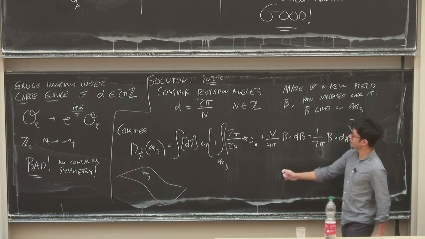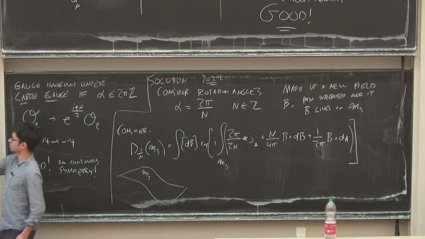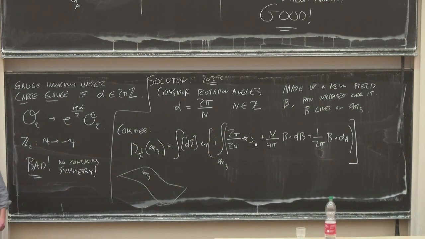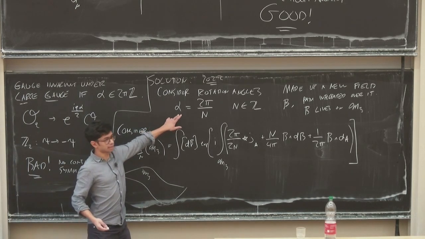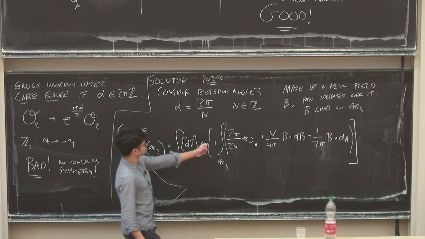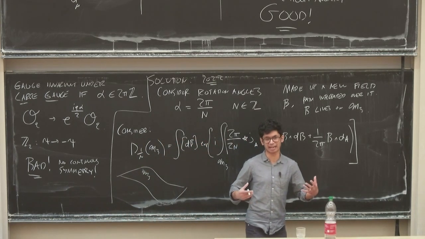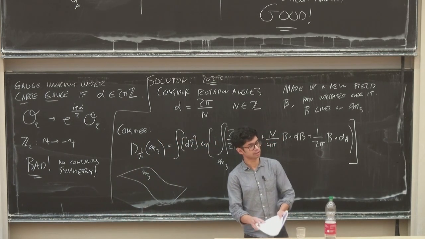And finally, the star JA is doing the same thing as before. It's the same guy as from here. And the angle alpha that appeared multiplying star JA still multiplies it. That's why I have this ugly 2 pi over 2n structure. It's really 2 pi over n times half.